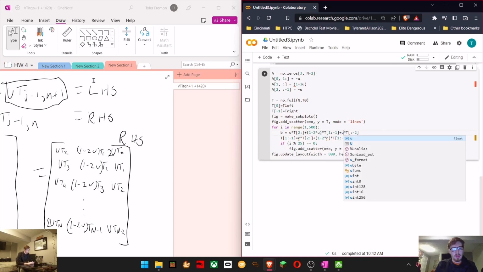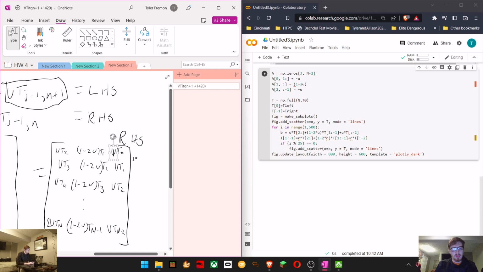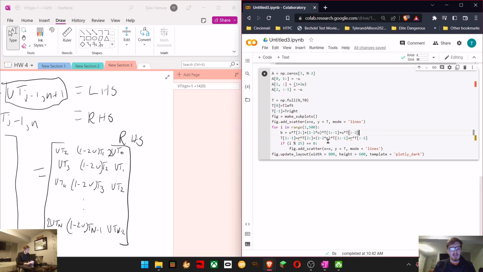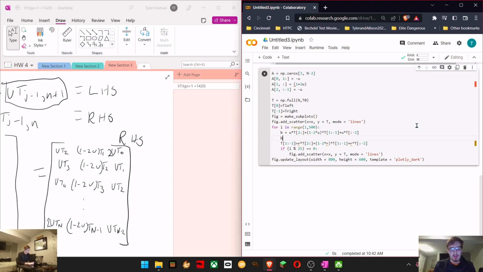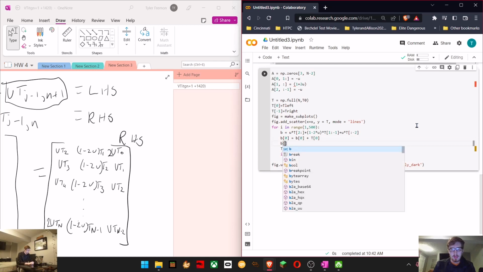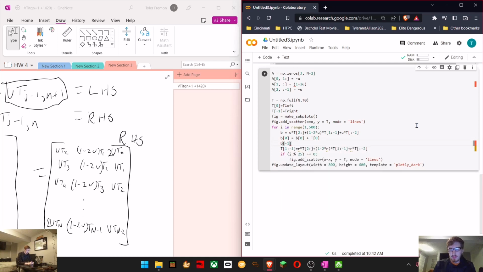And then the main thing that we have to worry about are these: we have this 2u t sub 0 and then this 2u t sub n. So instead of doing any fancy math with the matrices, we're just going to go ahead and append those. And then our last column is going to be 2u again.